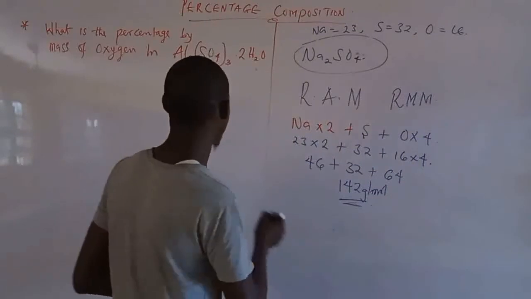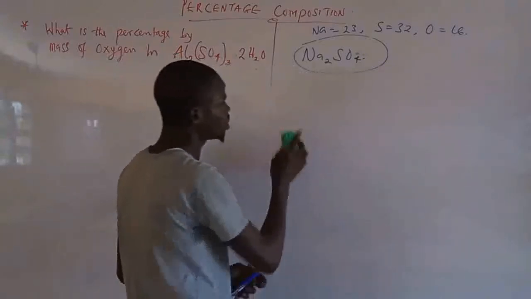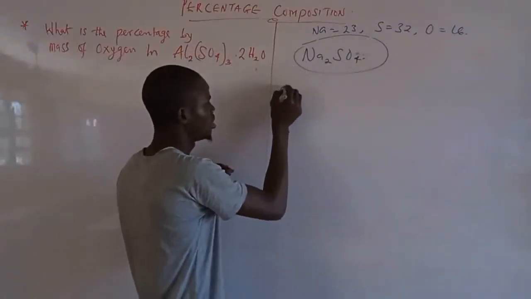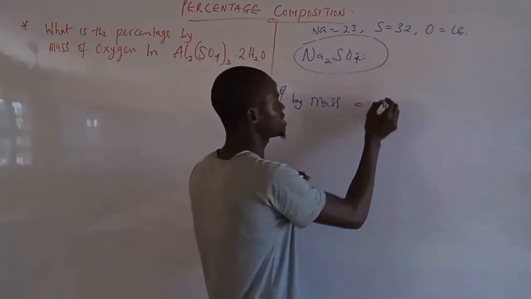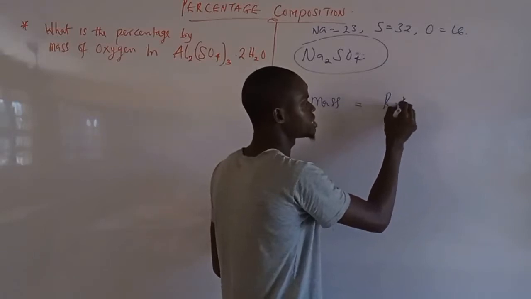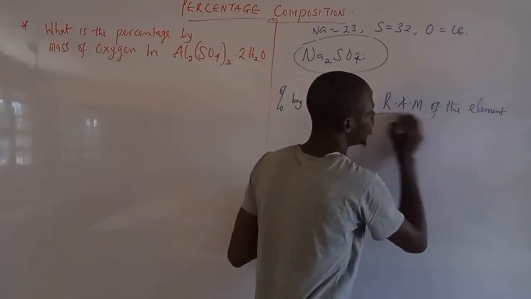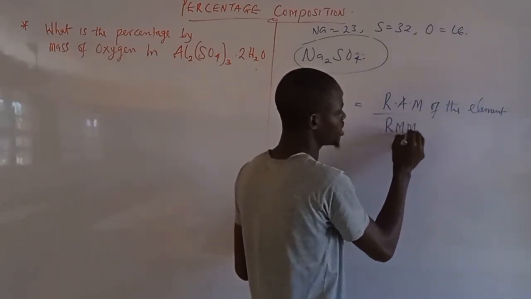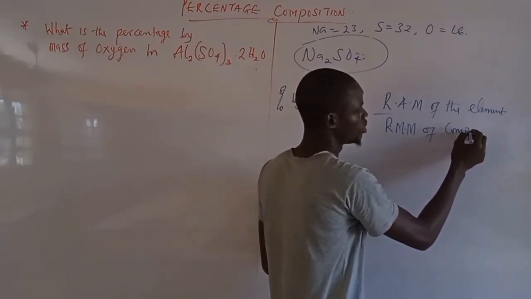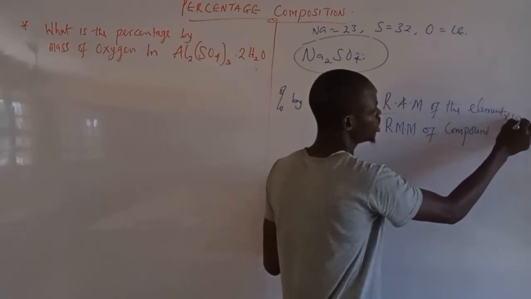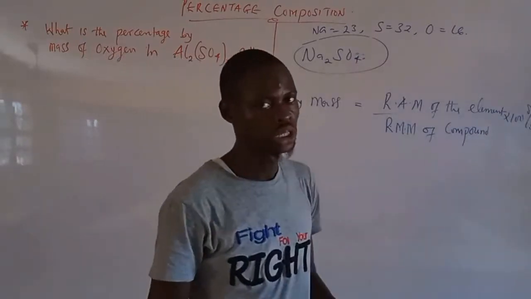The percentage by mass of any element in a compound is given as the relative atomic mass of the element, all over the relative molecular mass, RMM, of the compound, multiplied by 100%. This is the formula for percentage composition.